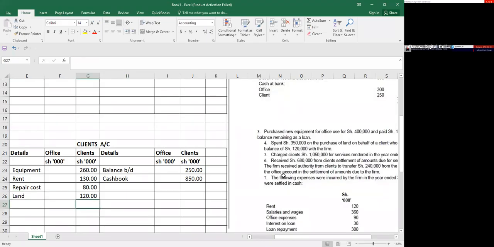But what is the difference for us to purchase the land? The difference, we are going to treat as if this person had insufficient amount. With insufficient amount, and we are purchasing on behalf of the client, we debit our client's account, office column, and we credit our cash book account, office column. That is what we mentioned.